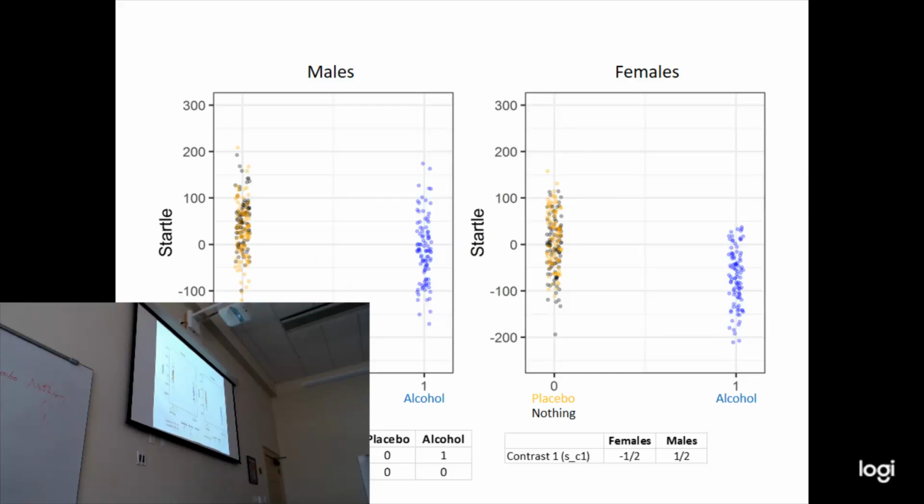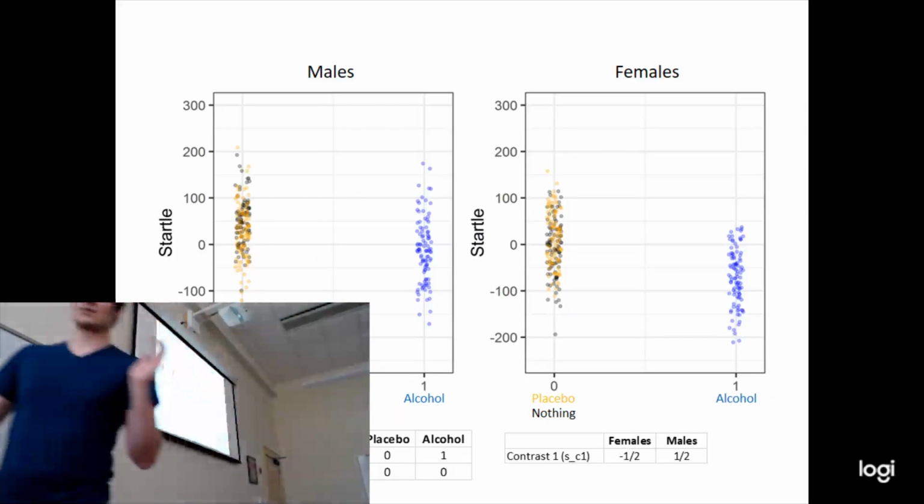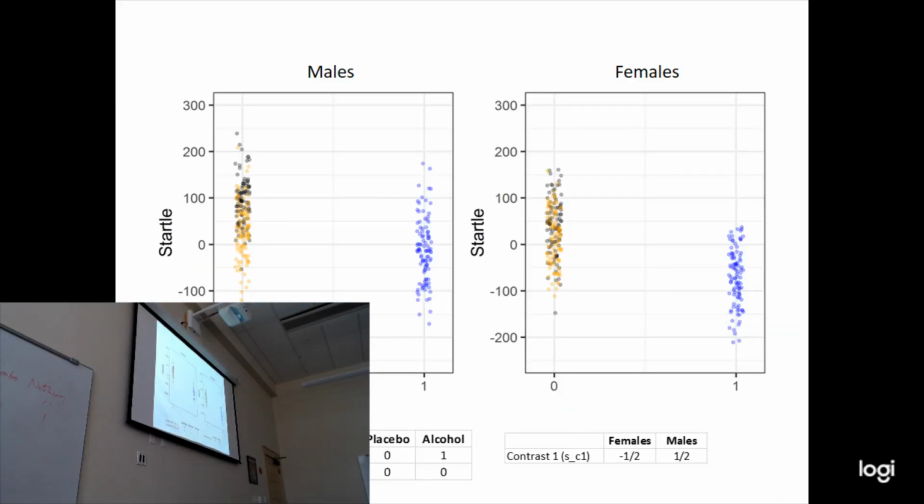Literally, this is a process of subtraction. You subtract out C2 times its coefficient, that gives you the adjusted points. What ends up happening visually is that the black points move down to meet the orange points.